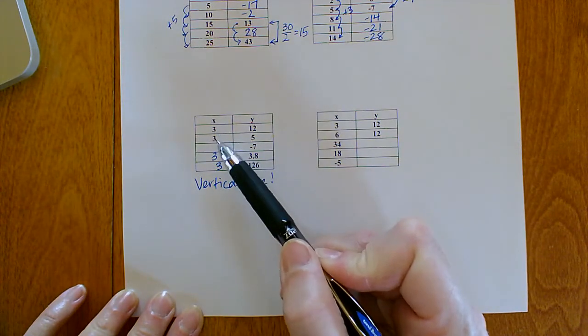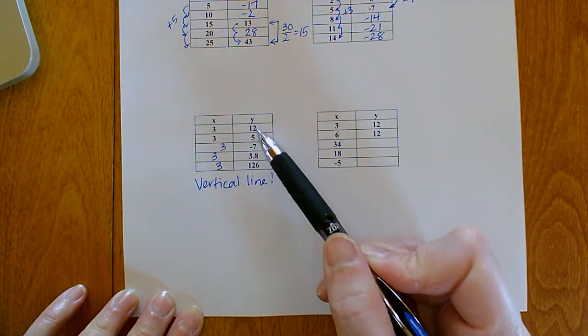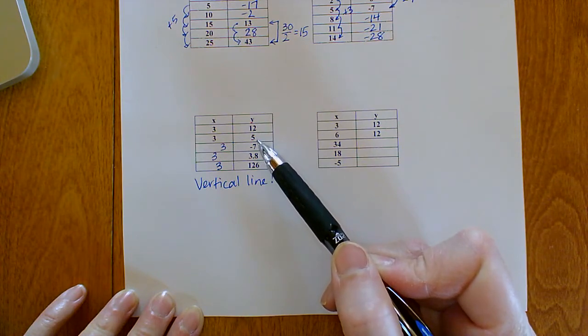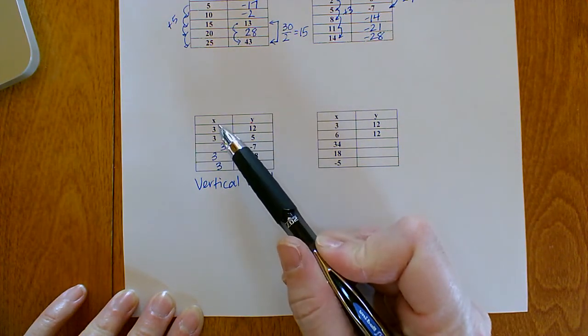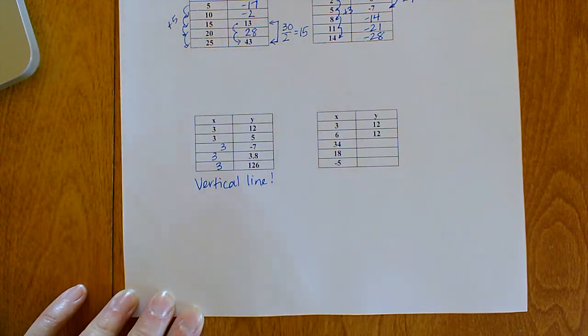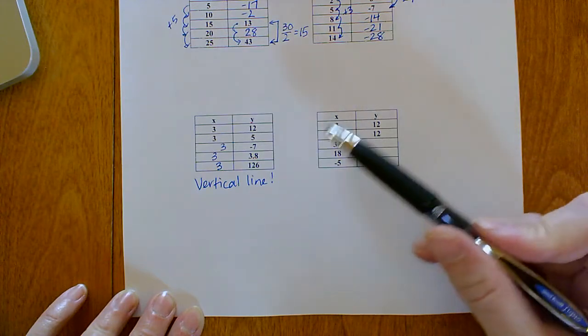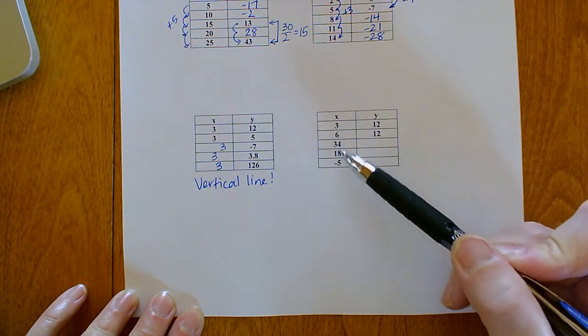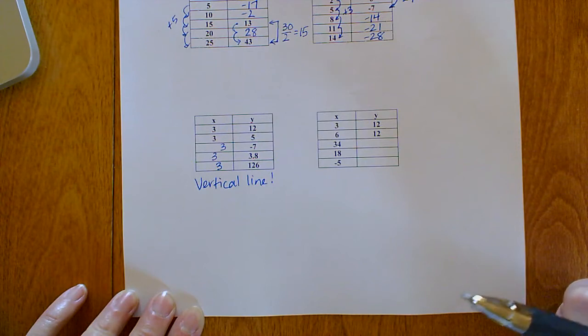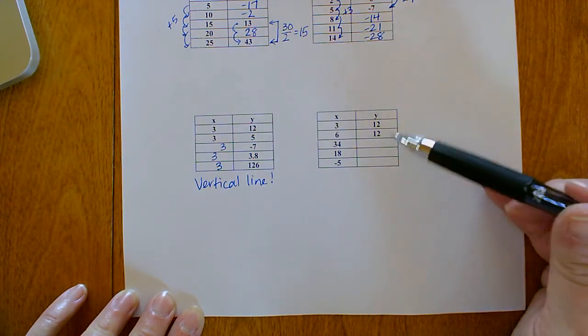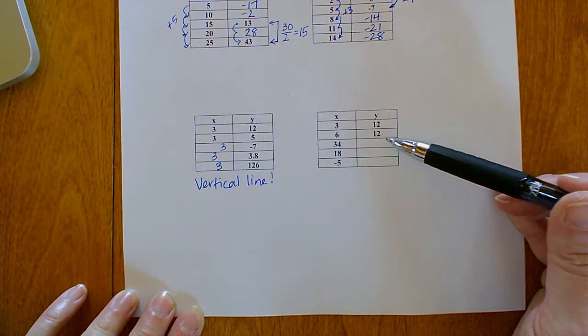When you have x's that repeat and they have different y values, and we're talking about a linear relationship, that means that we're talking about all of the x's being exactly the same value. A similar thing happens over here in this table. It looks like the x's aren't behaving very well to talk about a linear relationship, and then you notice that the y's are both equal to 12.